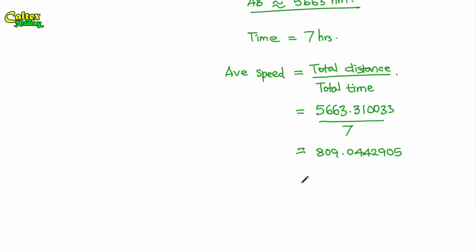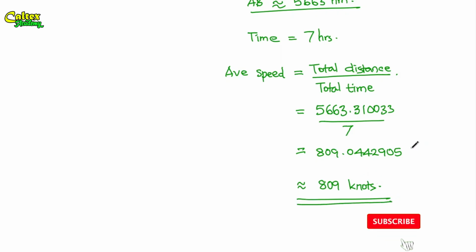So we can round this off to a whole number, and we have 809, and the unit is knots. So that is the average speed the plane moved with from point A to point B.